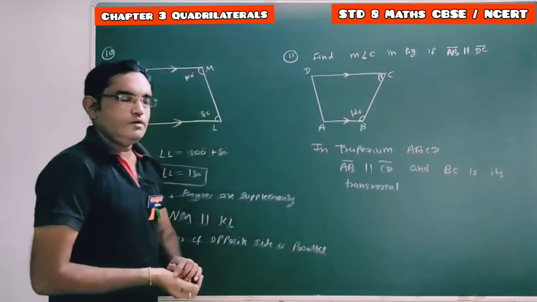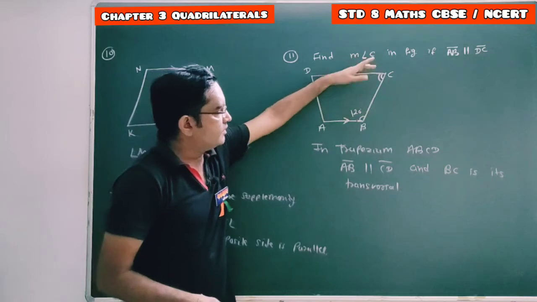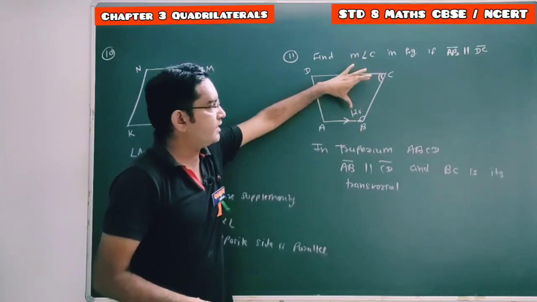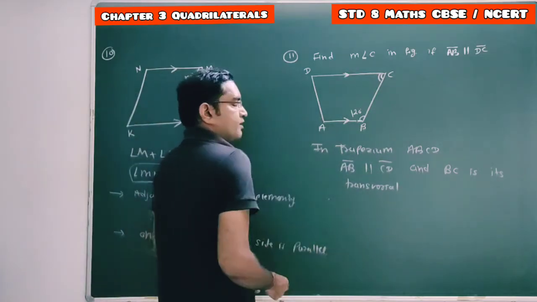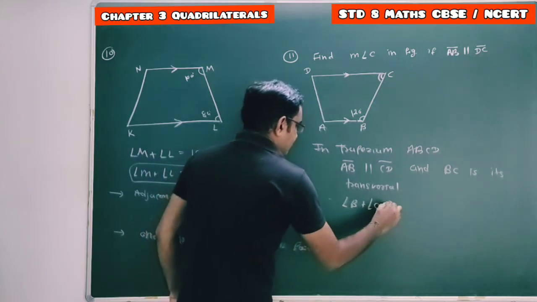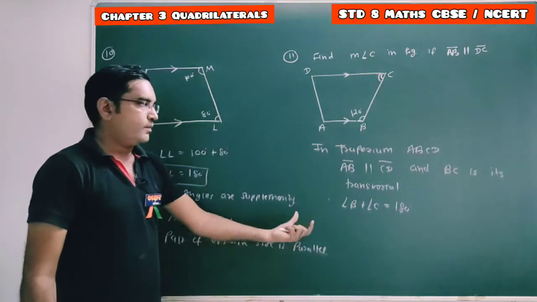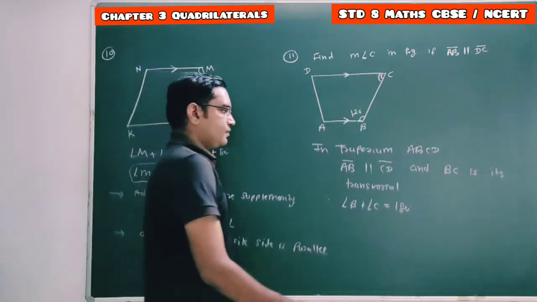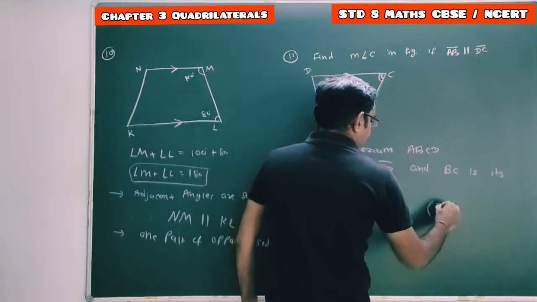Yes. Pair of opposite sides is parallel, so BC is the transversal, and these two angles are a pair of angles which are interior angles on the same side of transversal, and the interior angles on the same side of transversal are supplementary angles. So angle B plus angle C equals 180 degrees. For supplementary angles, the sum of measure of those angles is 180 degrees.